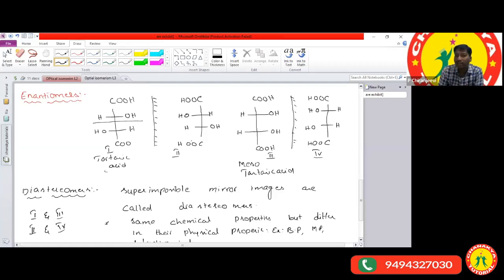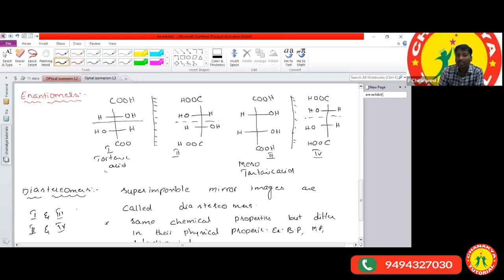Sir, the first above part. Okay, the above part is similar to the fourth one also. OH and H, COOH. So half of the part is similar. If half of the part is similar, we can call them diastereomers.